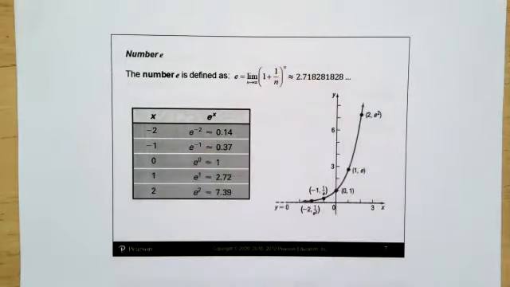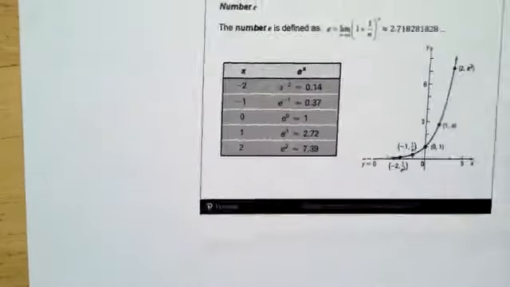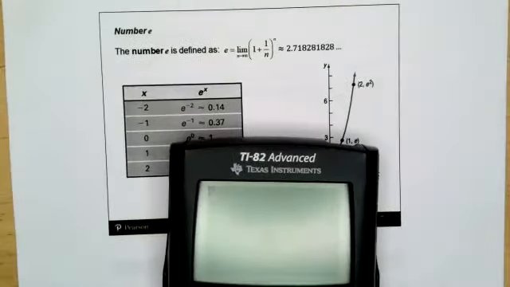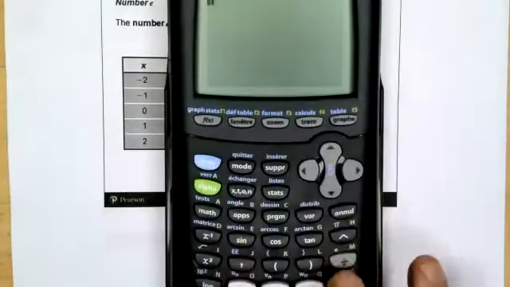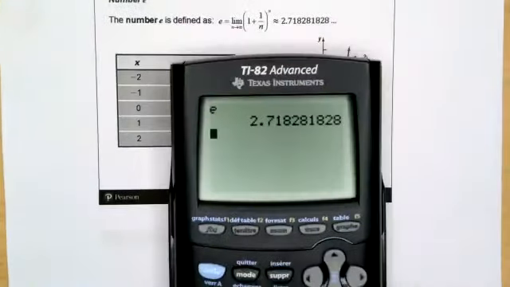It has a numerical value just like pi in your calculator. So you can put e into your calculator and you'll get a number. It's this guy. So it's approximately 2.71828.